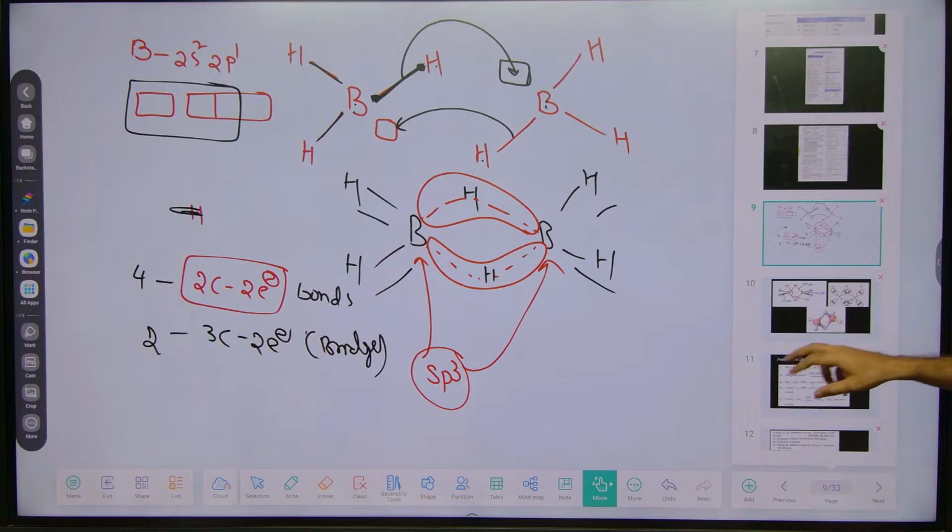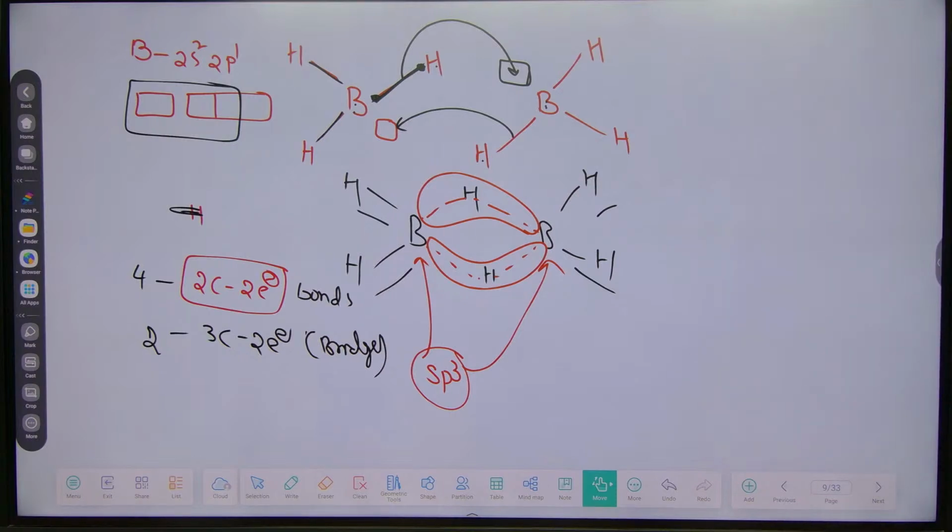Okay. So here we have the structure, I will show you. Done up to this?